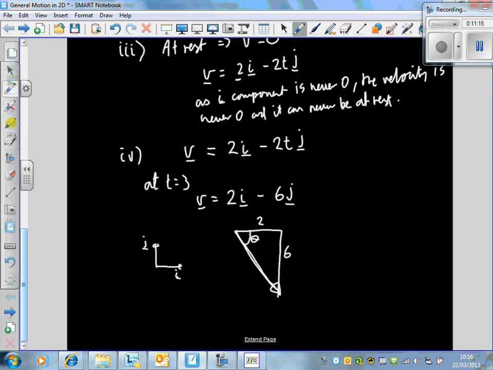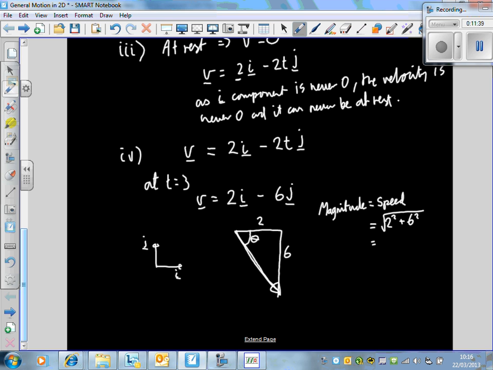Now the speed is going to be basically the magnitude of this vector. So how do we work out the magnitude of this vector? How are we going to work out the size of that vector? Come on, Liam.